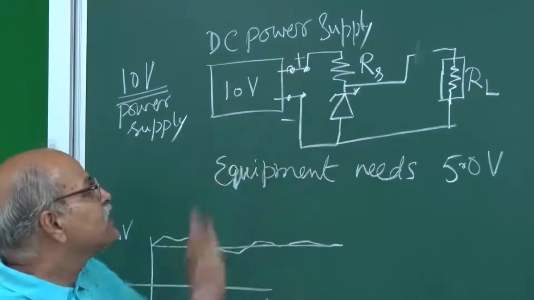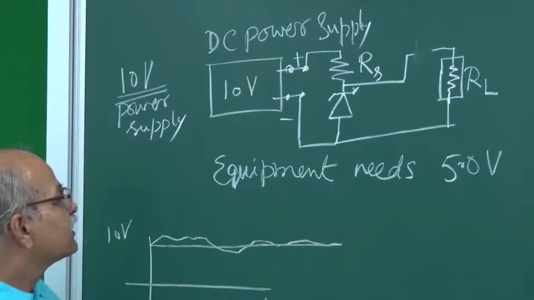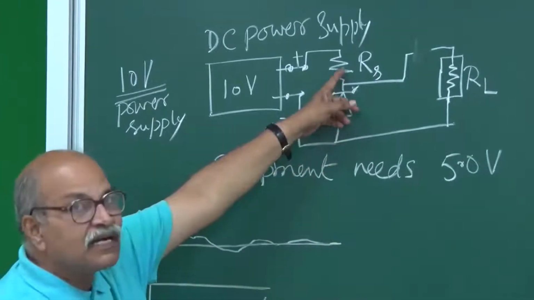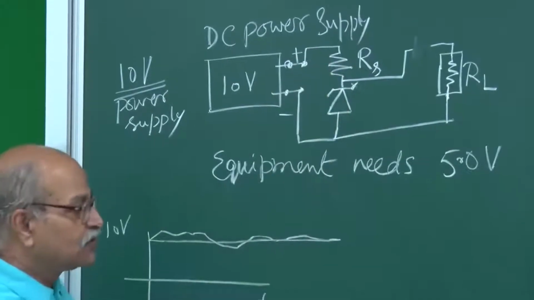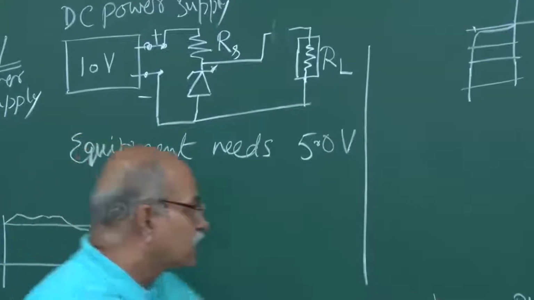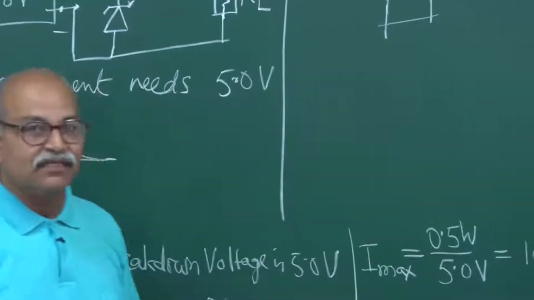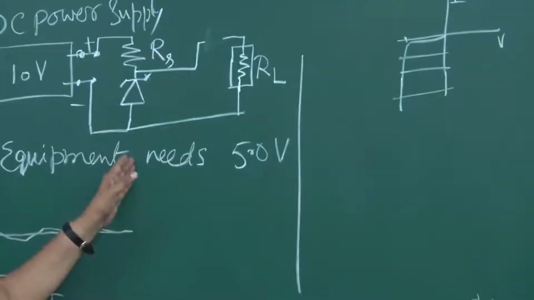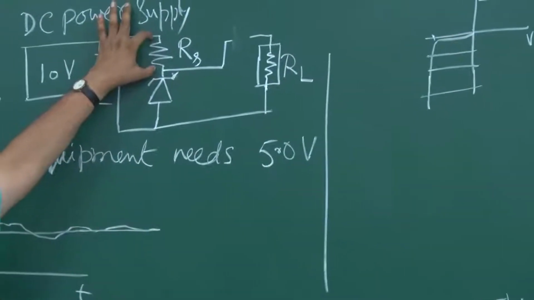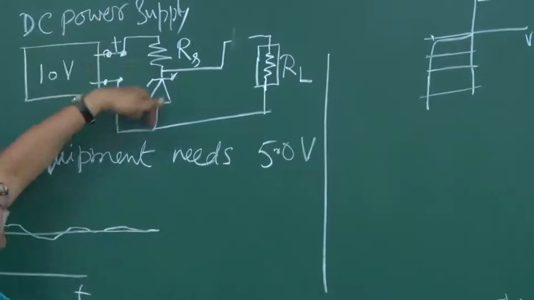How much is the current? The current will be decided by this RS. So what should be the RS? If I drive 100 milliampere through the Zener, that same 100 milliampere is going through RS also. It's just one circuit.